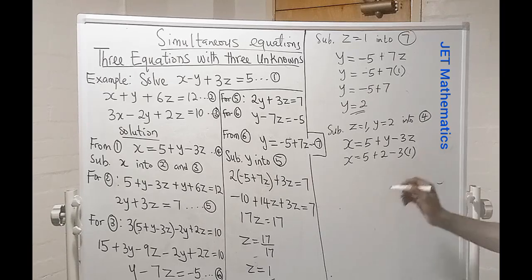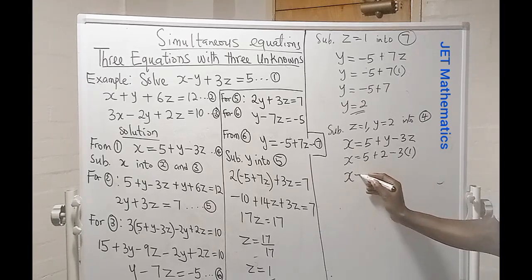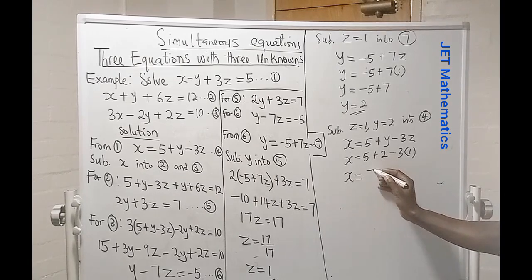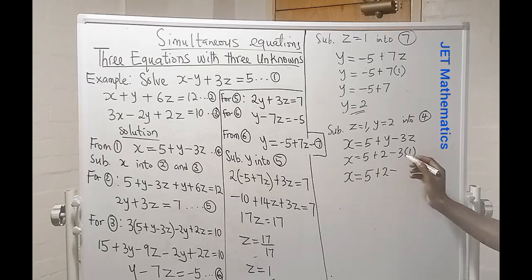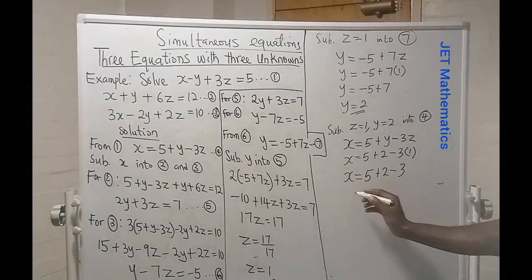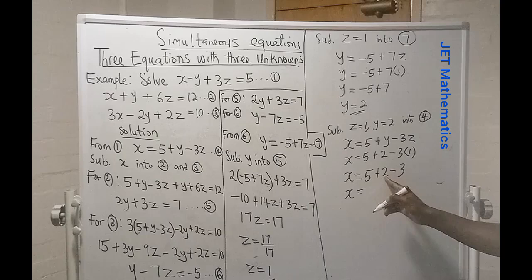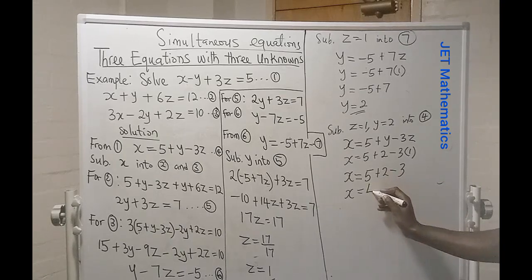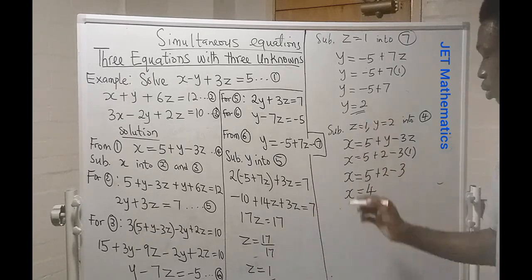So x equals 5 plus 2 minus 3. 5 plus 2 is 7, 7 minus 3 is 4. Wow, we've been able to get our three variables.